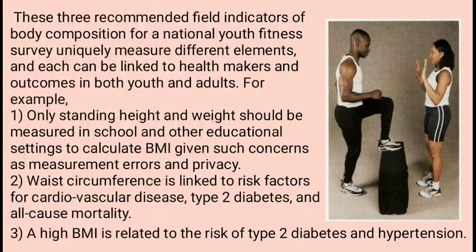Waist circumference is linked to risk factors for cardiovascular diseases, type 2 diabetes and all-cause mortality. We already learned about the waist-hip ratio. If waist circumference is a risk factor, the person may suffer from cardiovascular disease, type 2 diabetes and other diseases that can also cause death.